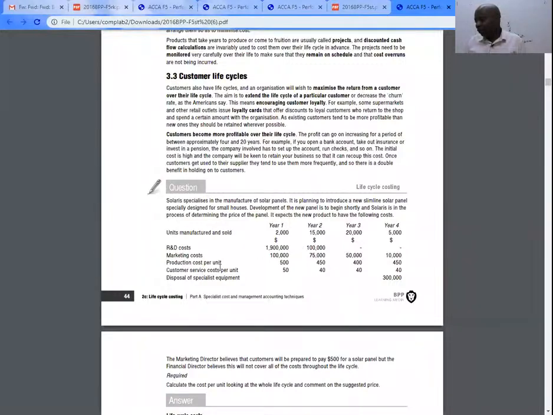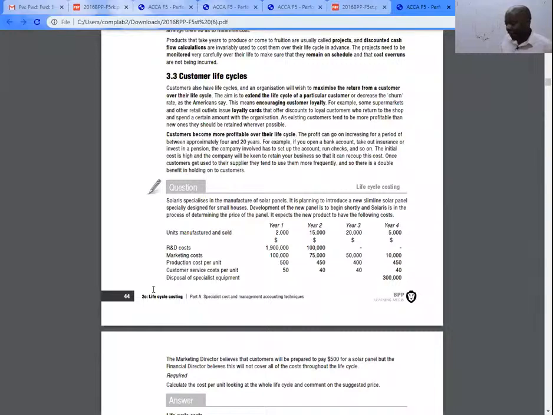And then we have production cost, but per what? Per unit. So the production cost per unit, you must multiply with the number of units. Like here you will take 500 times 2,000 plus 450 times 15,000 plus 400 times 20,000 plus 450 times 5,000. Ideally, I want the total production cost over the entire life cycle for all the years.